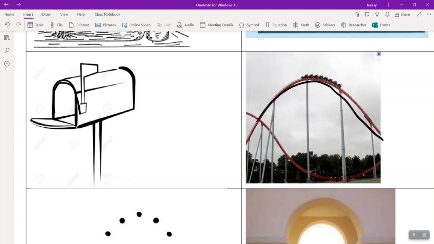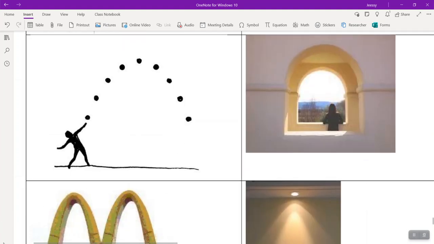Rides, Six Flags or Disney World. Throwing a ball into the air. This has to do with gravity, but that's the reason why, because the gravity relationship is quadratic.